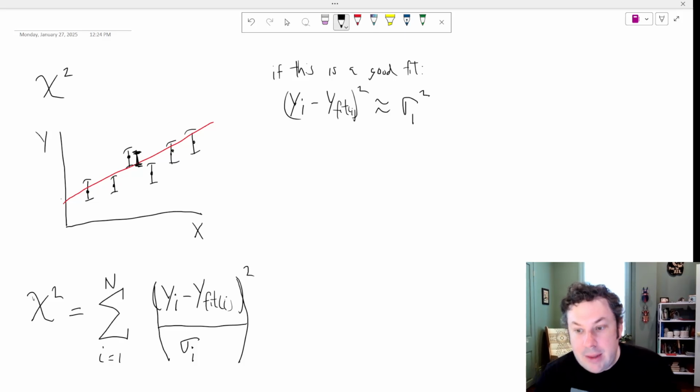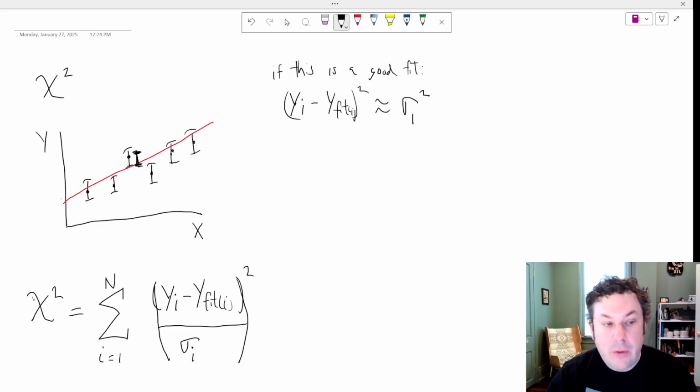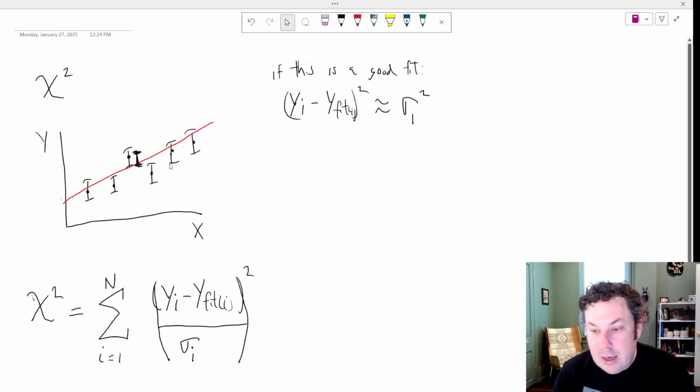And so the idea there was that your fitting line would pass through all the error bars. Like in this example I have here, you can see the fitting line passes through that error bar. This one it just missed. This one's on the edge. These two it passes through. So it kind of does that.